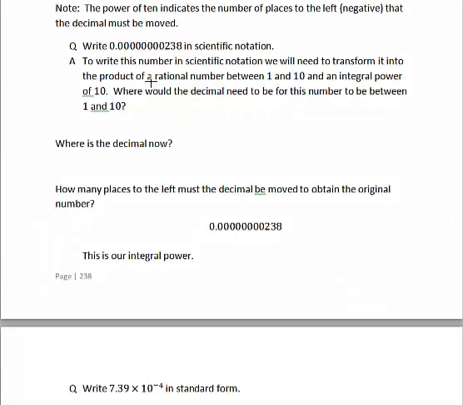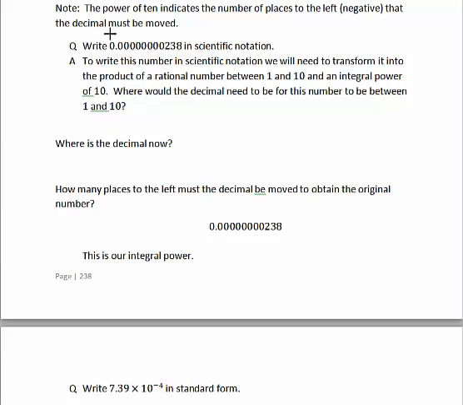Alright, so how can we write 0.00000000238? Okay, I'm not even really sure which place the 8 falls into. It's a really small number. Alright, but according to scientific notation, we only want one non-zero digit in front of the decimal point.